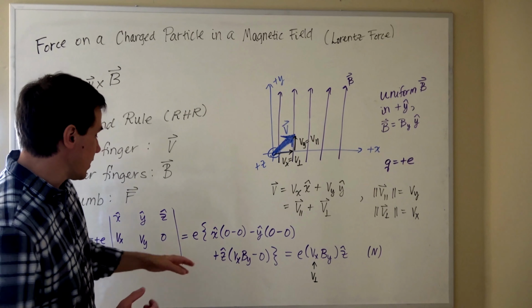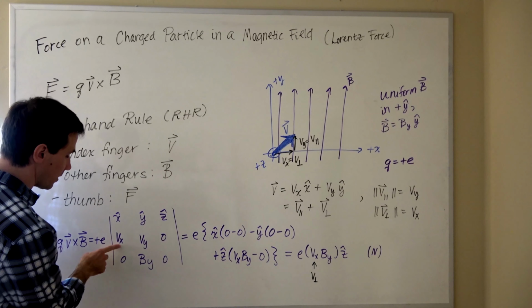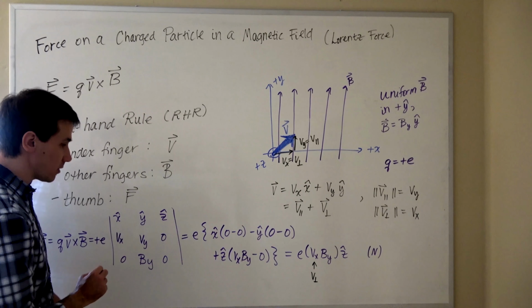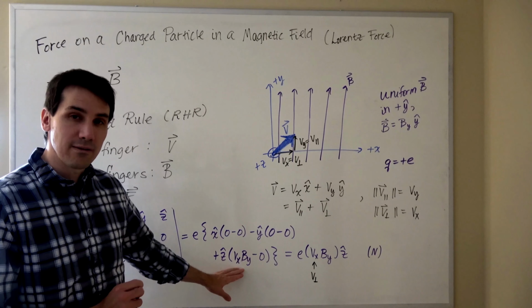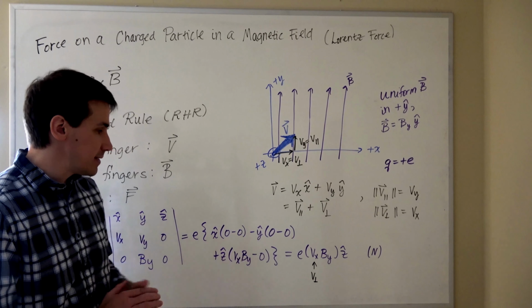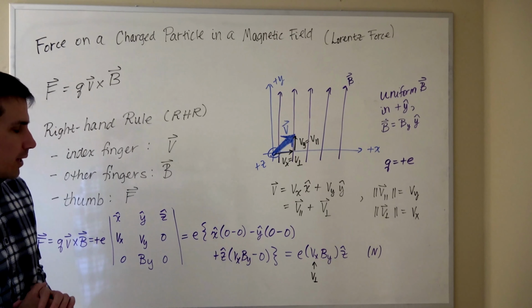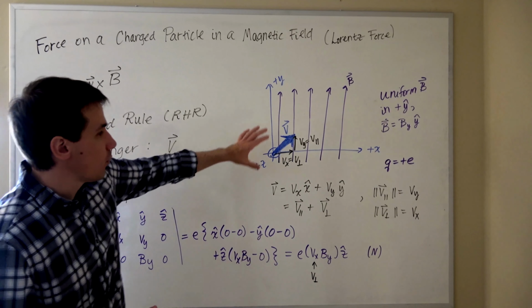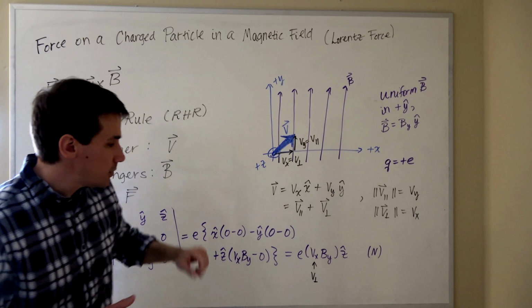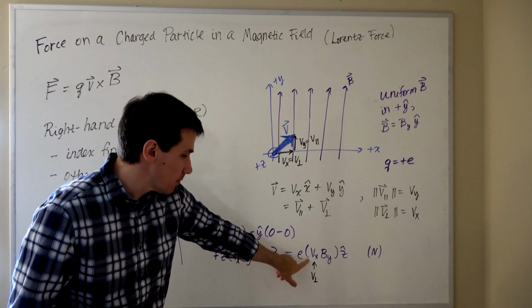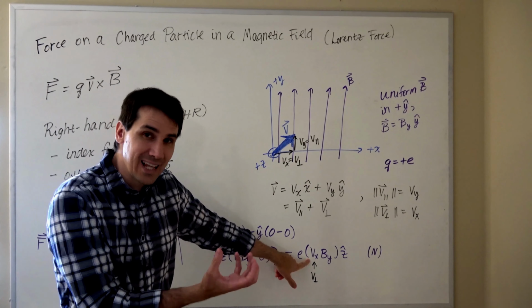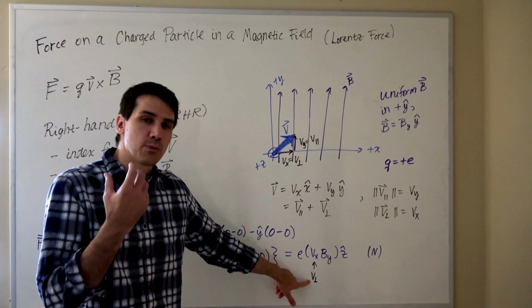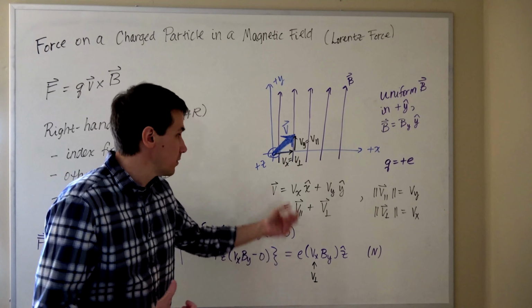The only thing that is left is the z component, which will be Vx multiplied by By minus Vy times 0, leaving us only with Vx times By in the z hat direction. Okay, so we now get a magnetic force that is pointing out of the board, and notice that the only term in our velocity that is left after we take the cross product is the part that was perpendicular to the magnetic field.